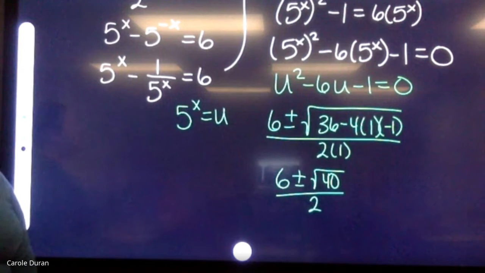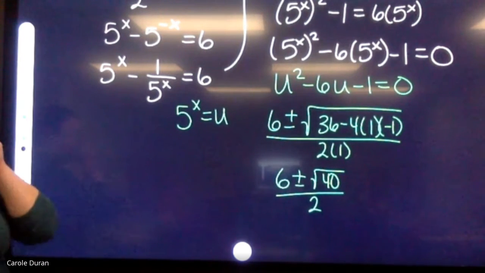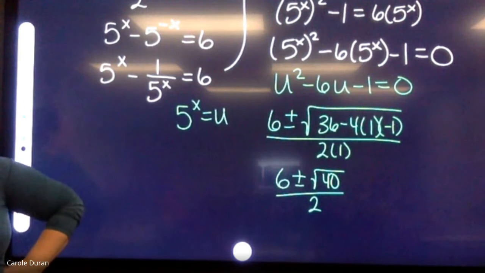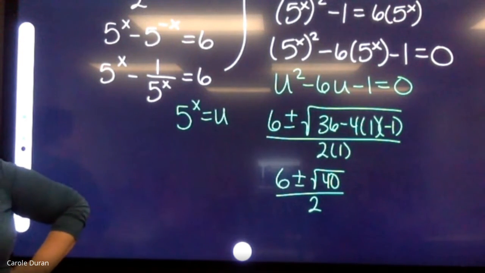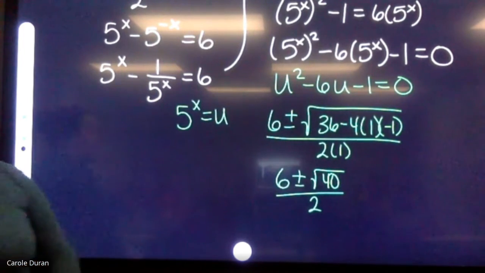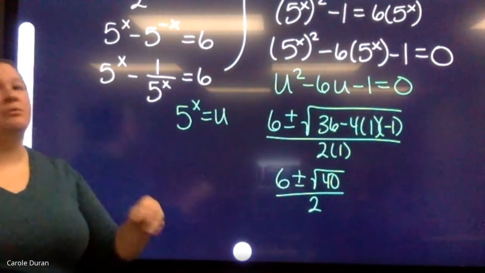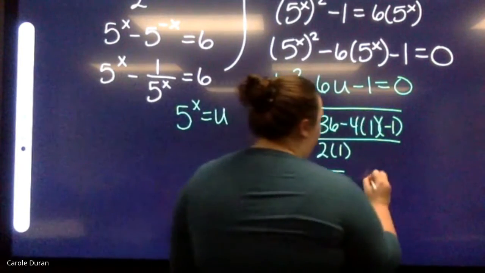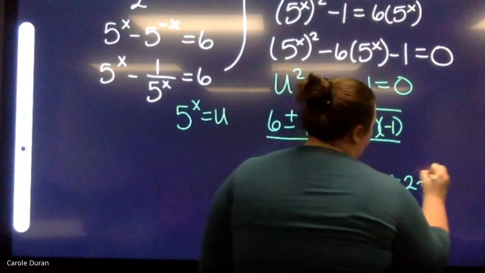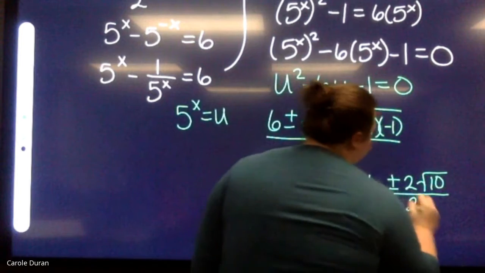Of course, I can take a perfect square out of 40. Which one? 4. And what's the square root of 4? 2. And then what's left when I divide 4 out of 40? 10. So square root of 40 becomes 2 root 10. So now I have 6 plus or minus 2 times the square root of 10 over 2.